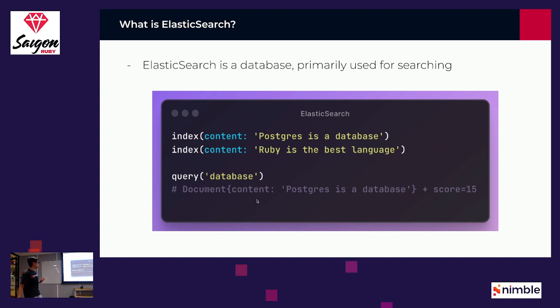So here I'm querying the database for the term. If it's working correctly, you're going to get back the document that contains the database term, which is the first one here. But you also have attached to it a score. The score here is 15.